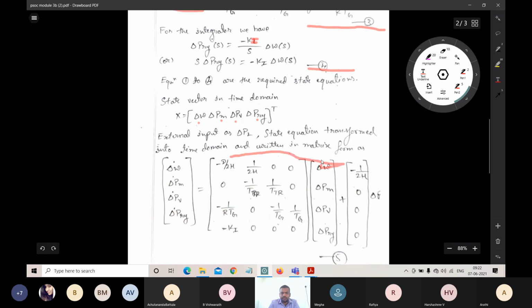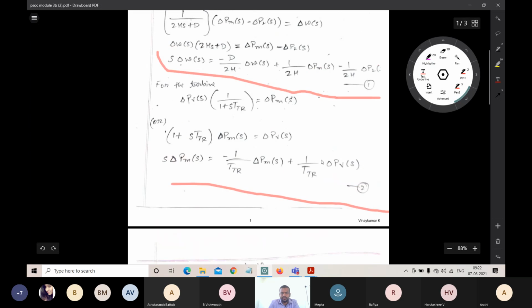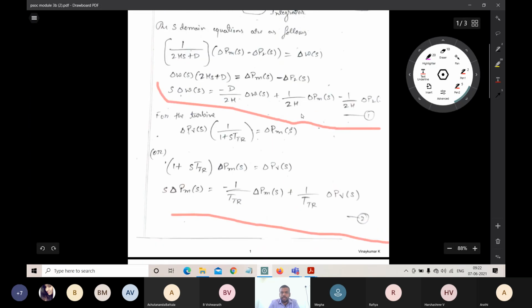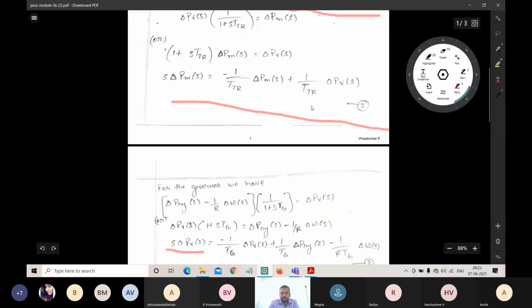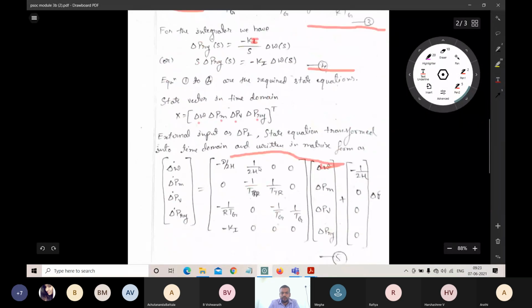Next, what is the next term? The next term is delta pm of s, so 1 by 2h into delta pm of s. We don't have delta pv and delta p reference in the first equation, so that is why they are written as 0.